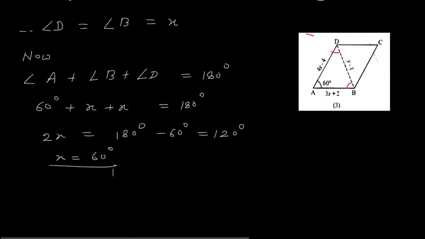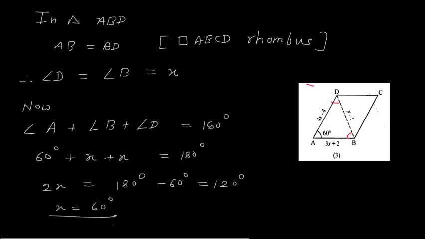Okay. But here is one more problem. As you can see, the sides are also in terms of x. So instead of assuming angle B as x, we can take any other symbol. So let us take angle B equal to angle D equal to, in place of x, y, etc., this symbol theta. This theta you will understand in your 10th standard: for unknown angles, we can assume a special symbol, a Greek alphabet called theta.